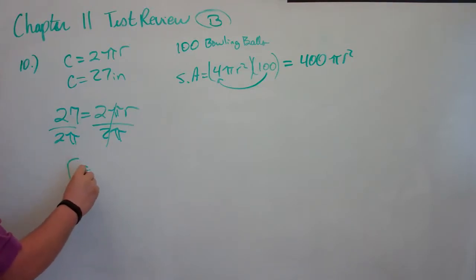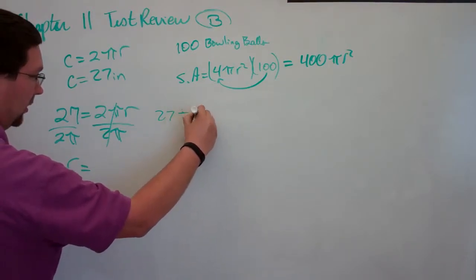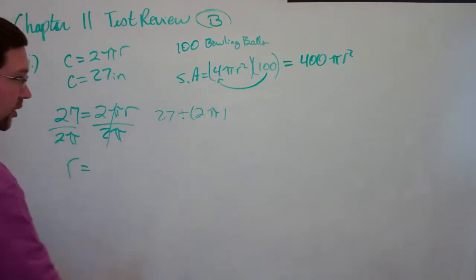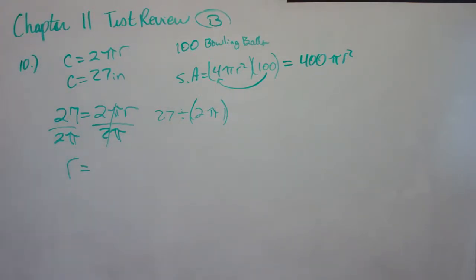Alright, now remember, if you punch this in the calculator and you don't use the N over D button, if you just string this out like this, make sure you put the 2 pi in parentheses. If you don't put the 2 pi in parentheses, it's going to go 27 divided by 2 and get 13.5, and then it's going to say your answer is 13.5 times pi, which is not the answer.